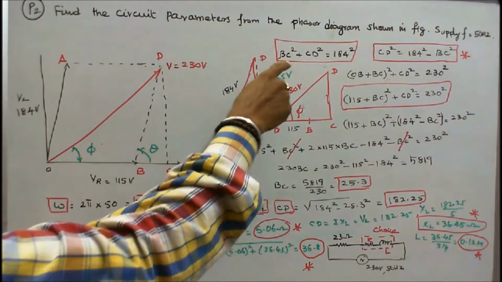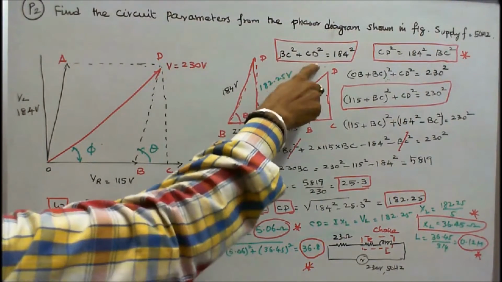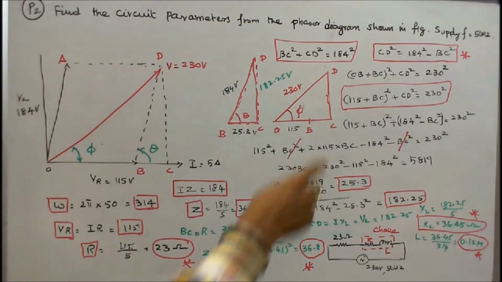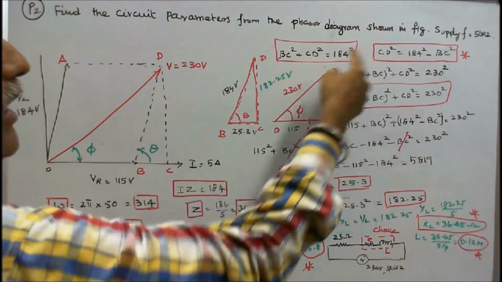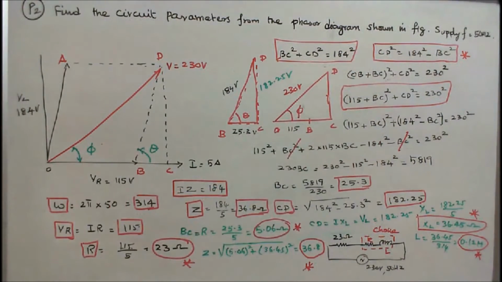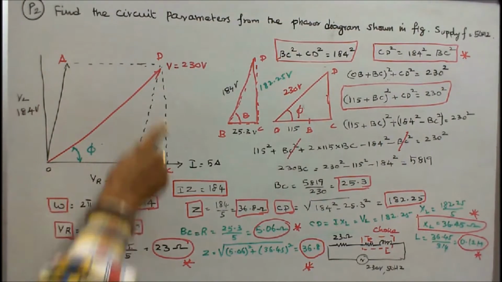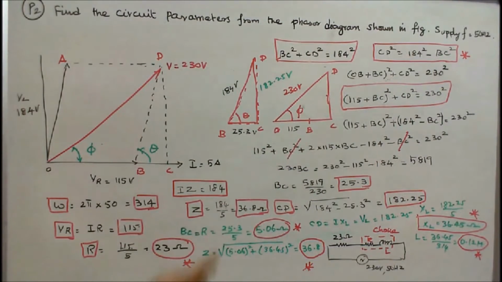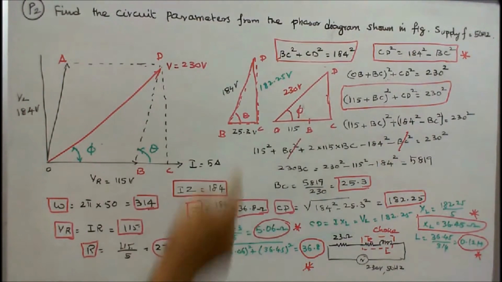Here BC square plus CD square is equal to 184 square. CD square is equal to 184 square minus BC square. Again I choose this triangle OCD. I redraw this OCD here. Here OD value is given as 230 volts.